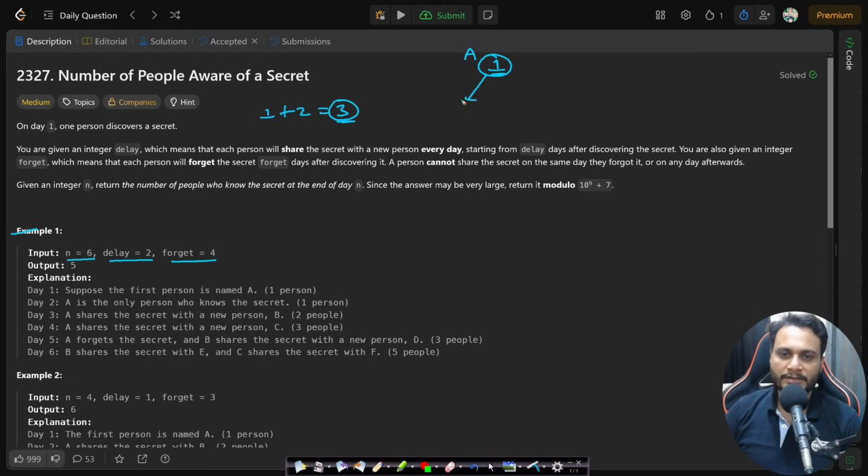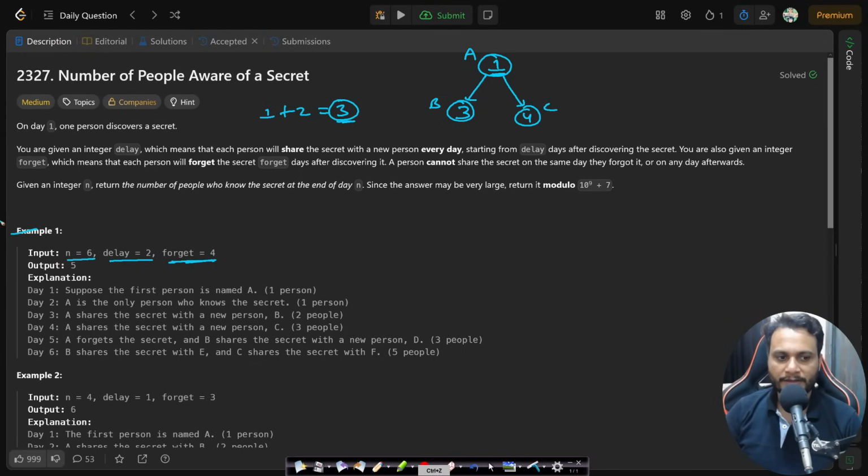Let's say it shared to B. Now B knows the secret on day 3, and on day 4 A will be sharing to, let's say, C. After this A will not be able to share because A will be forgetting the secret after the forget period.